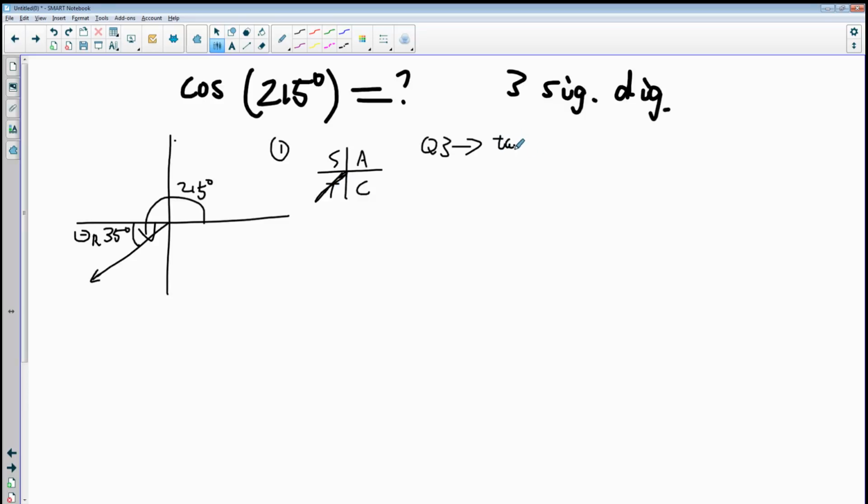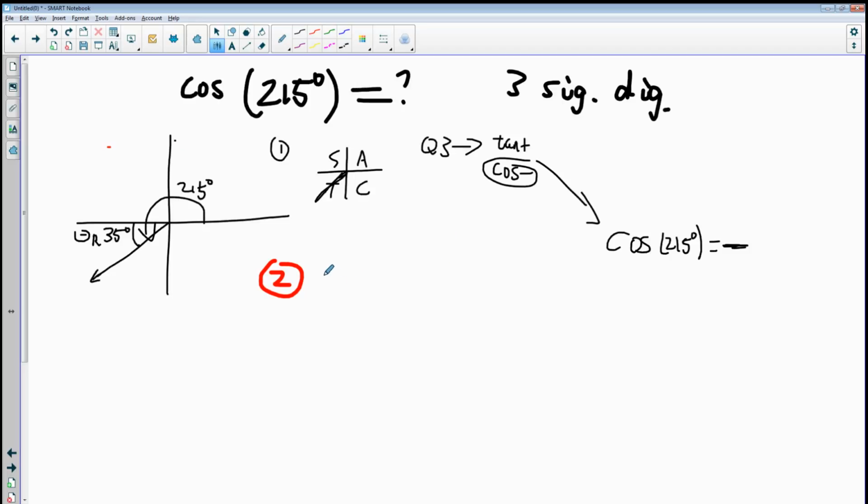Tan is positive, so cos is negative. So immediately we know cosine of 215 is equal to a negative number.